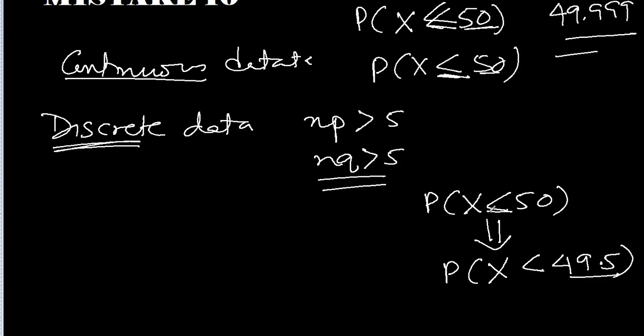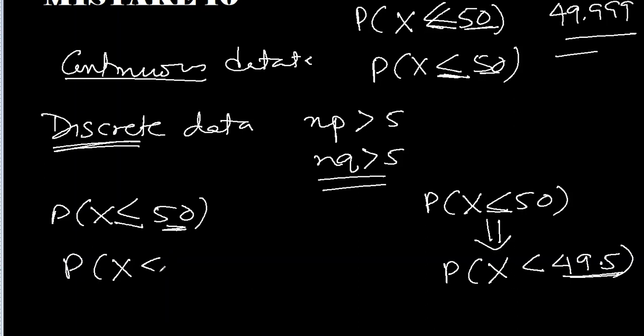You bring your calculations closer to the number you want. 49 is the number you want, so you come to 49.5. And if it is equal, probability of x is less than or equal to 50, that is, 50 is part of it. In that case, you will use x is less than 50.5. So your x will be used as 50.5 to find the standard deviation or z-score in that case.